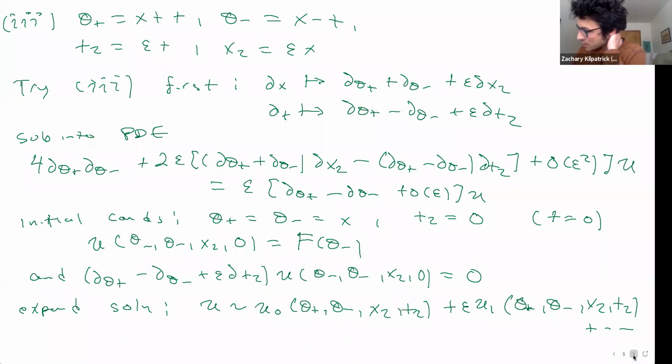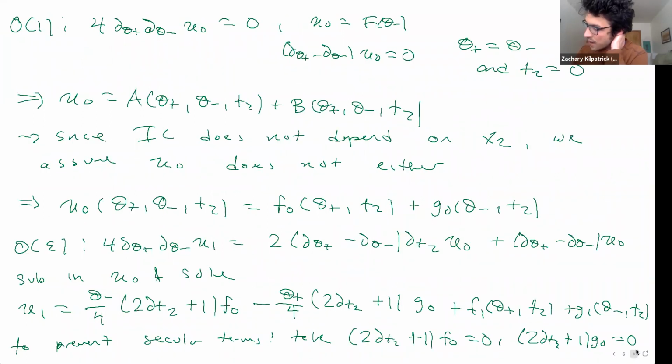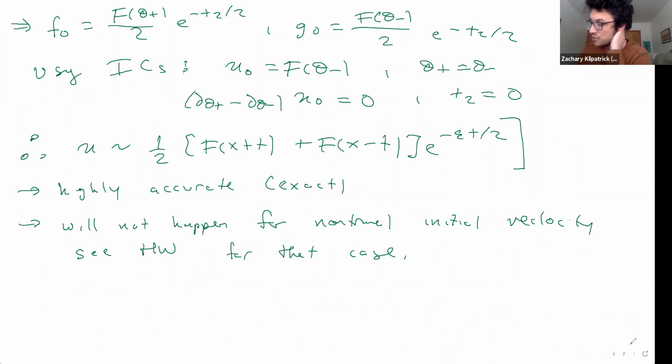When we expanded the solution, we found that we did not need even the spatial variable, and it was sufficient just to include the slow time variable. And then these initial conditions are going to help us specify the solutions F0 and G0 here, which are going to involve the functions of the characteristics out in front.